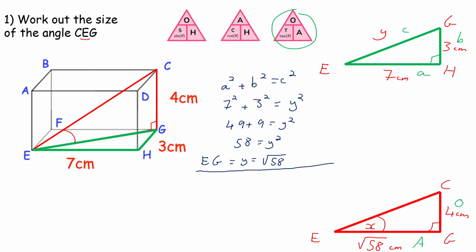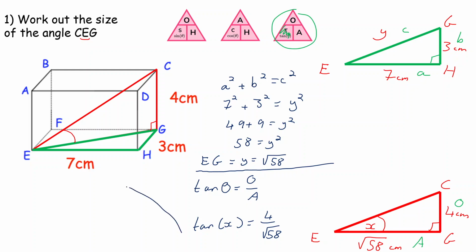I write the formula out: tan of the angle is equal to the opposite side divided by the adjacent side, so O divided by A. So tan of the angle, which is X, that's what I'm trying to find, is equal to the opposite side, which is 4, over the adjacent side, which is root 58. And again, you could put this bit as a decimal, but I'm just leaving it as a fraction.